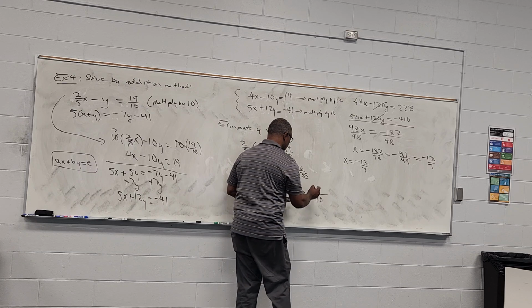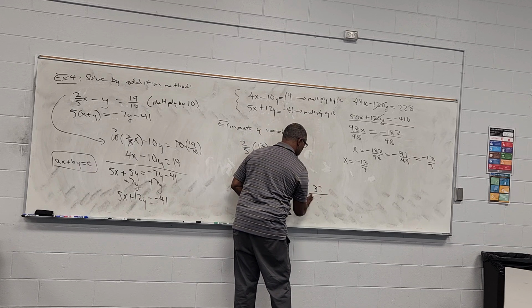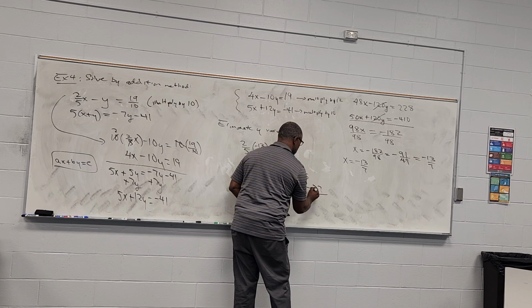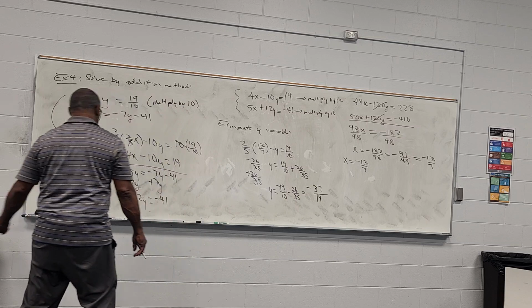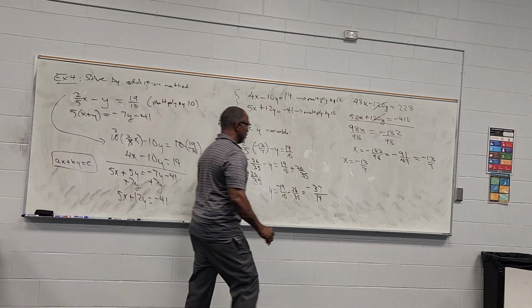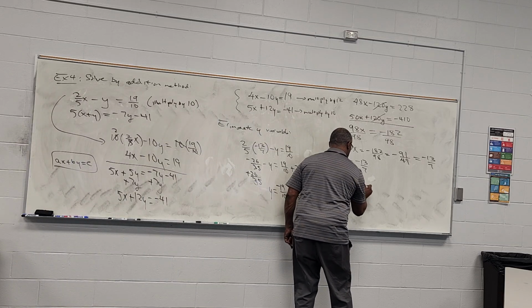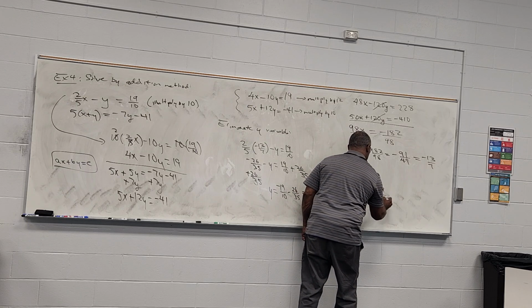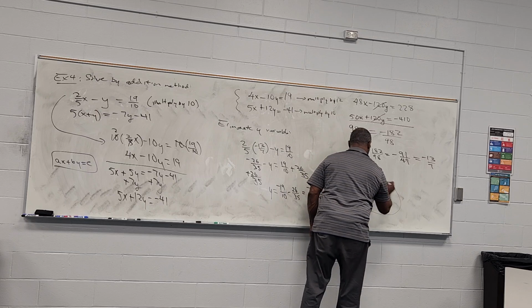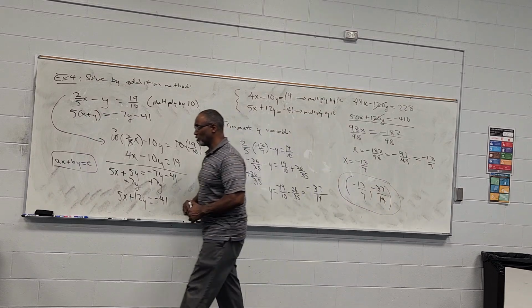I get 37 over 14. Y turns out to be negative 37 over 14. So my solution is negative 13 over 7, negative 37 over 14. You can check it. It wouldn't be fun, but you can check it. That is the correct solution.